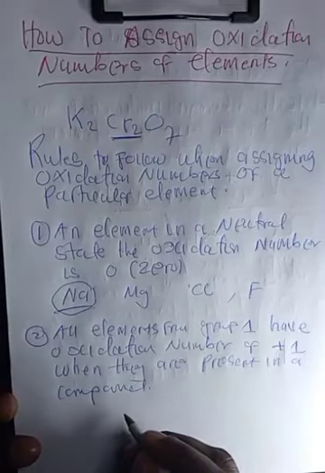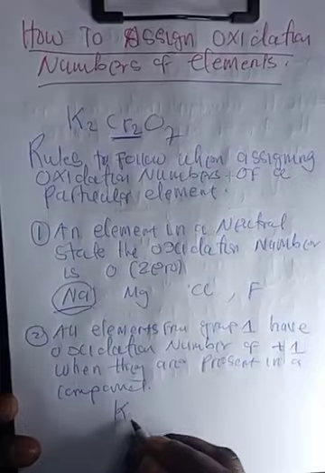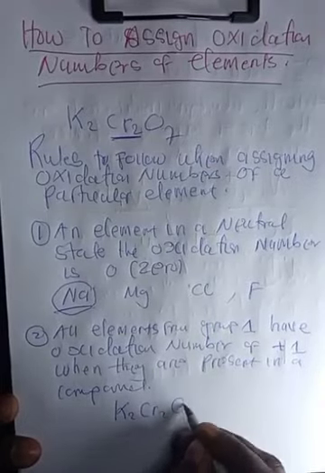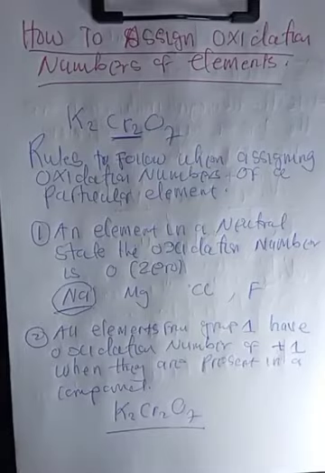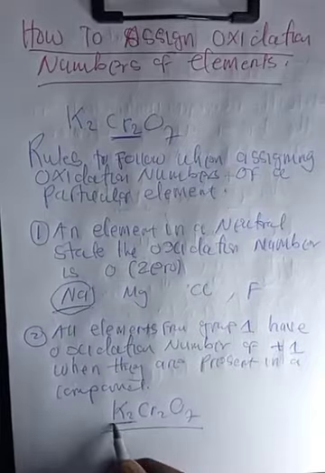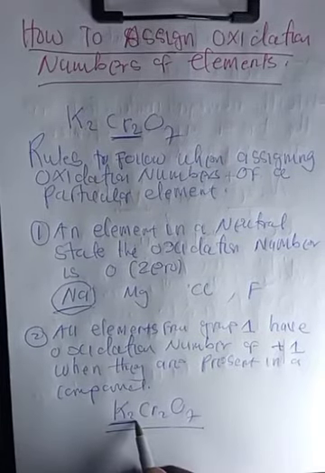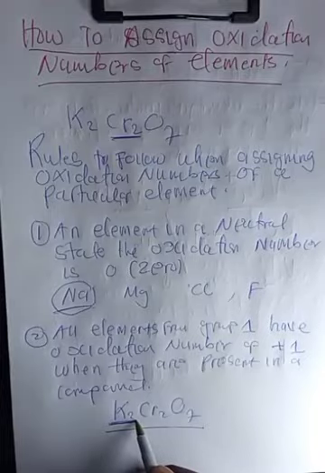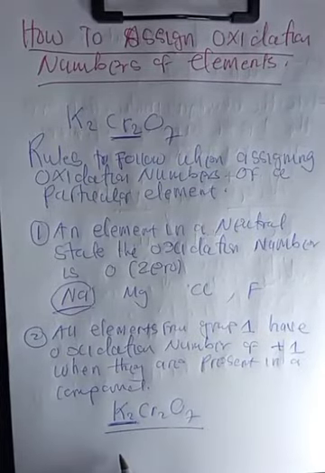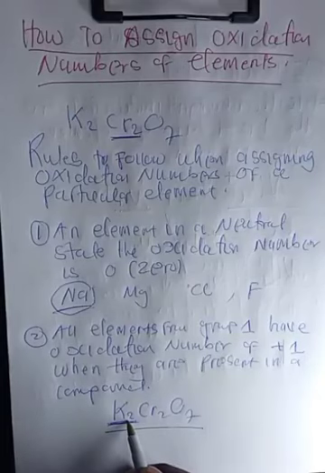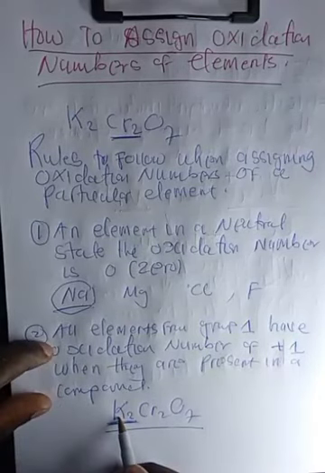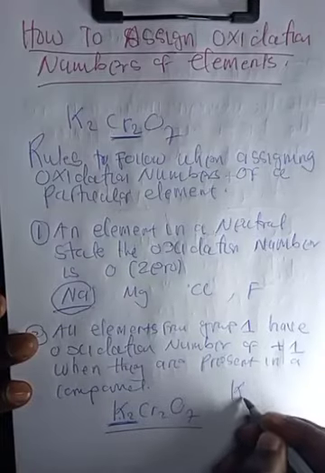But the moment it reacts, it will be present in a particular compound. For example, like I gave you potassium dichromate. We have potassium here. It's from group 1, and at the same time it is present in a compound, so the oxidation number is positive 1 for potassium. Another one can be potassium chloride.